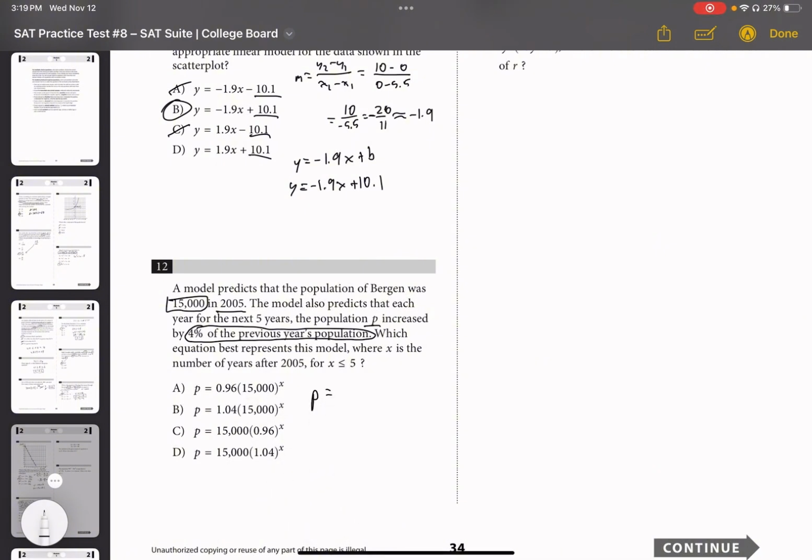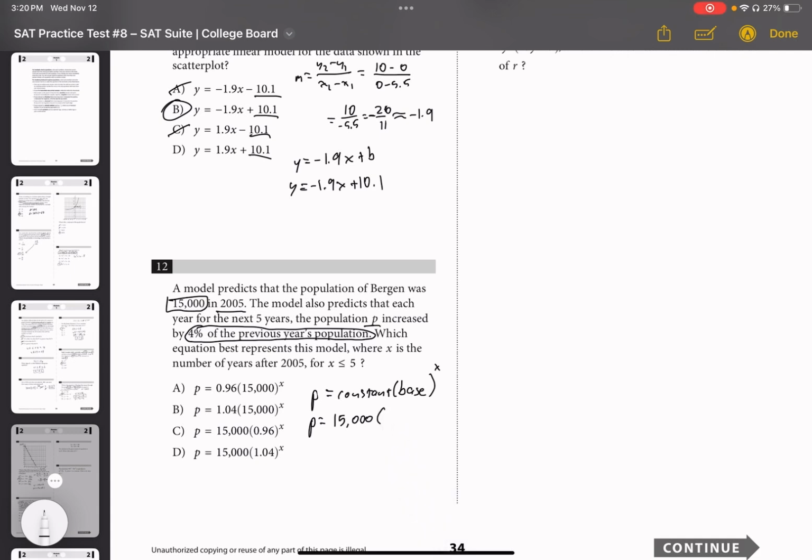So this is our formula. P is equal to our constant times base to the x. So now we get P is equal to, what do we need as our constant? 15,000, because that's our initial starting value.